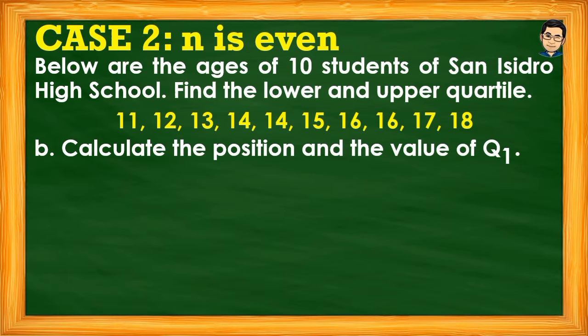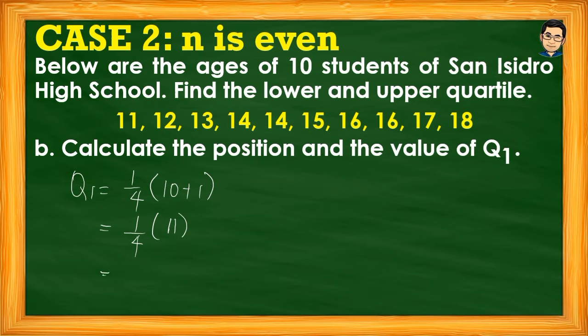So, now is the time to calculate the position and the value of quartile 1. Okay, so Q sub 1 is equal to 1/4 times 10 plus 1. Next, 1/4 times 10 plus 1, that is 11.